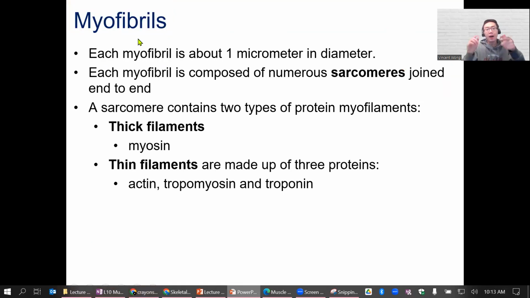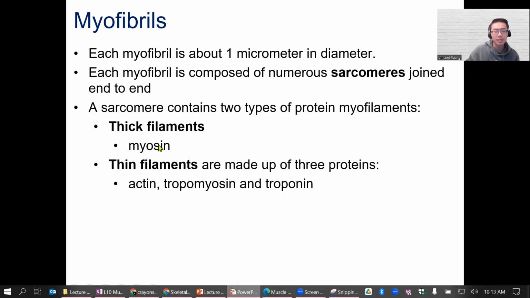So the myofibrils, which are the stuff that you find inside the muscle cell, inside the muscle fiber, are very, very thin, about 1 micrometer in diameter. And they're composed of numerous repeating sarcomeres that are joined end to end, right? So I already told you the sarcomere is going to contain 2 types of protein filaments here.